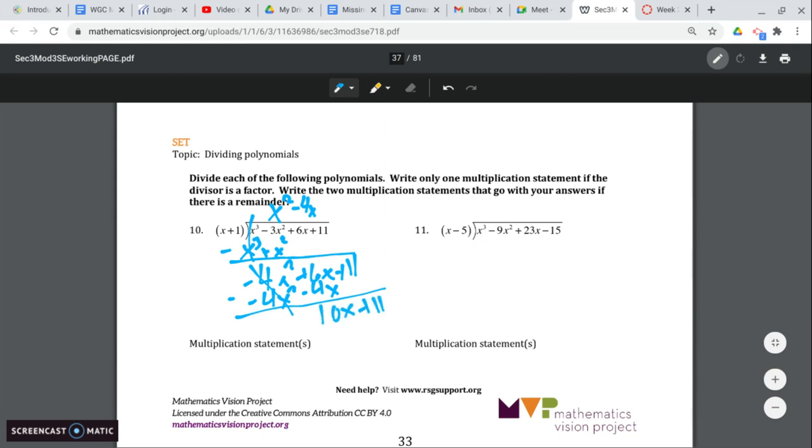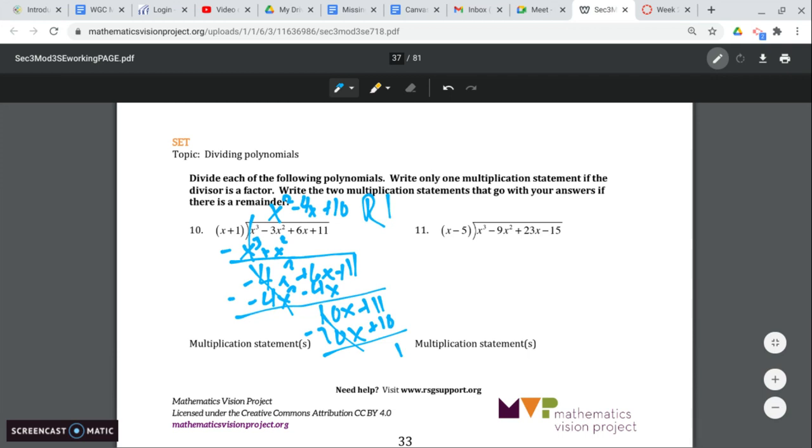What do we multiply x by to get to 10x? 10. So we have 10x plus 10. Subtract, those cancel. 11 minus 10 is 1. So our answer is x squared minus 4x plus 10, remainder 1.